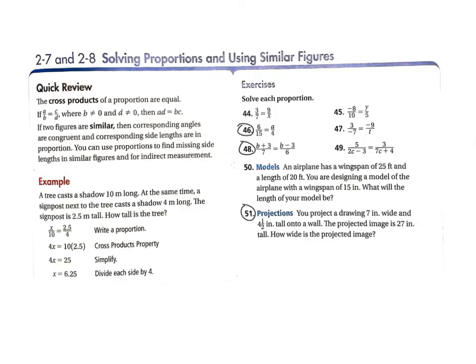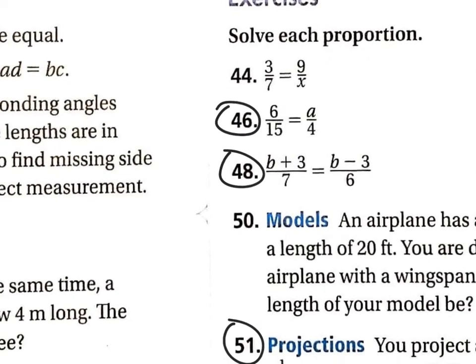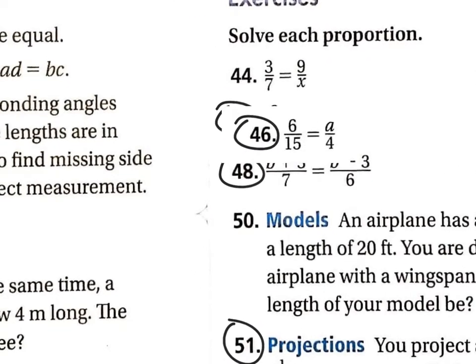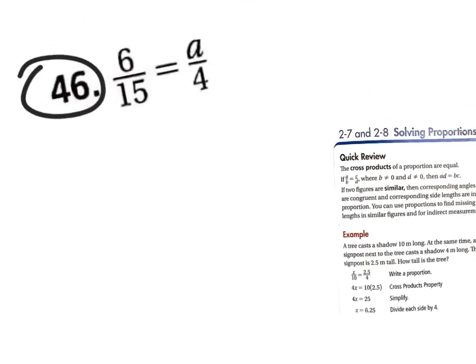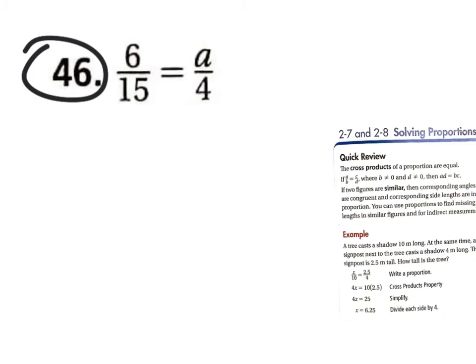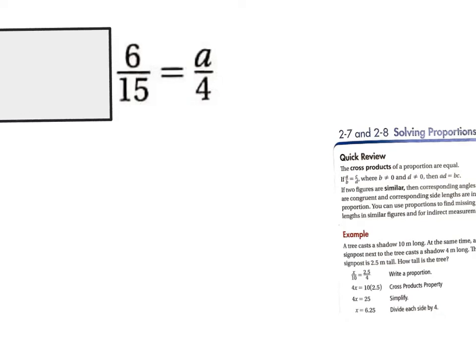Sections 7 and 8 are on solving proportions and using similar figures. So if you look at number 46, they want us to solve this proportion. So if we're trying to solve this, one thing we can try to do is look for a pattern going towards the variable.